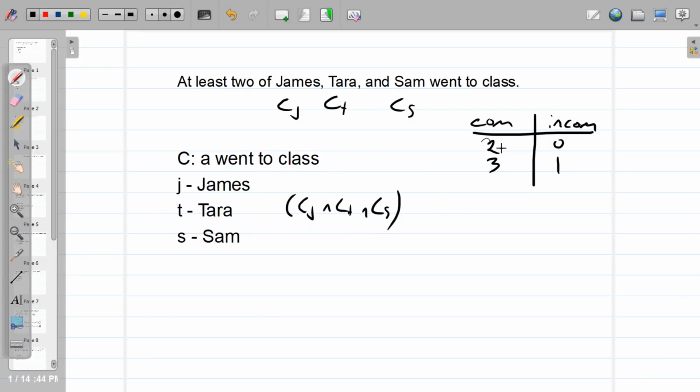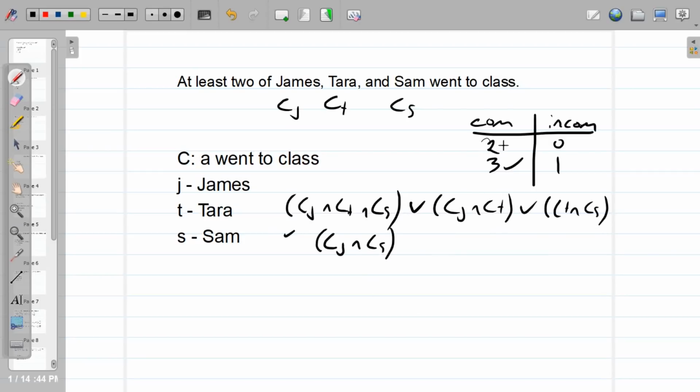That's one of our cases, so we got all 3. Now we have to say, or 2 of them. So CJ and CT, or CT and CS, or CJ and CS. That's this thing.